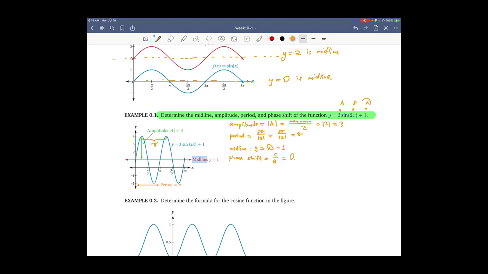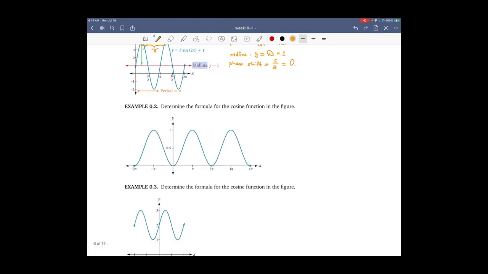This next example is somewhat more involved. We need to decode the graph given and understand from what function this graph may have resulted. The answer, as you will see in these problems, is not unique.